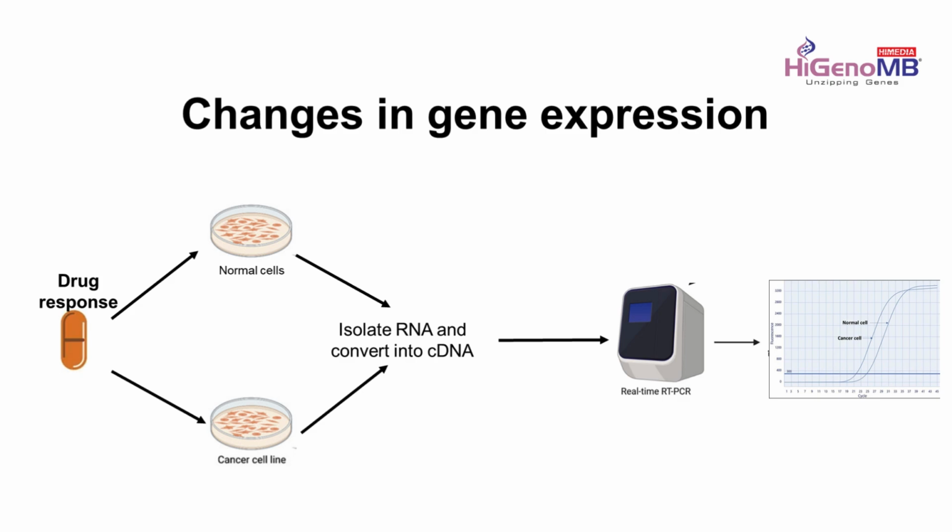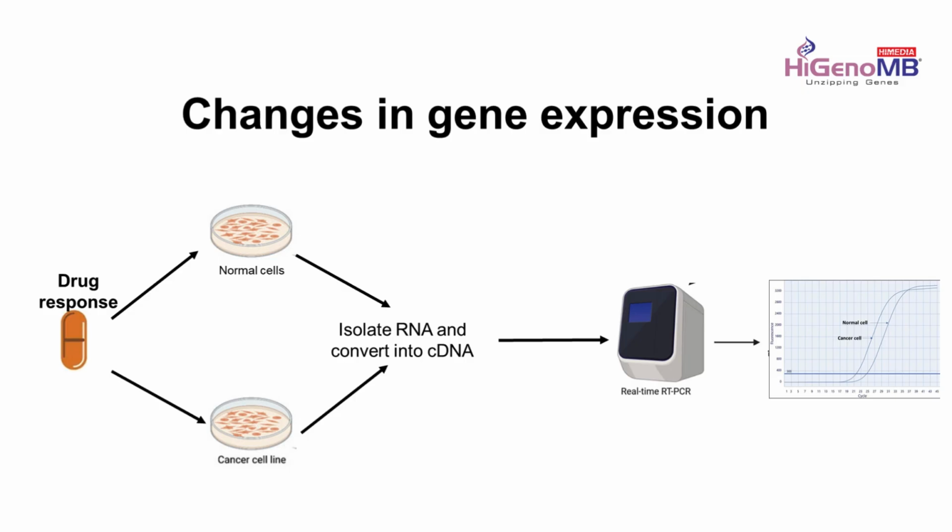He wants to show that when the drug is given, the normal cells are living happily, but the cancer cells are dying because this drug is going to attack the cell cycle machinery. The expression of one of the key proteins in the cell cycle is going to be hampered by this drug. So this is the hypothesis built by the scientist, and he wants to study it.